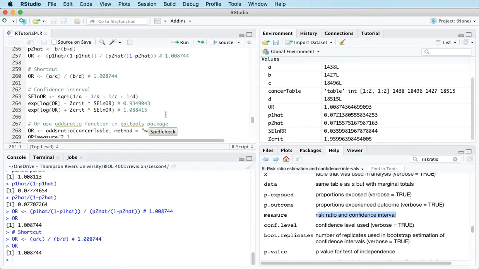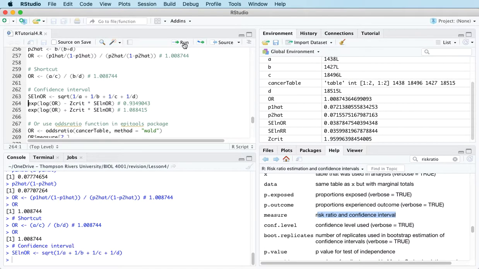We can calculate a confidence interval for the odds ratio. Just as with relative risk, we actually calculate a confidence interval for the log odds ratio and then exponentiate the lower bound and the upper bound to get the confidence interval for the actual odds ratio itself.